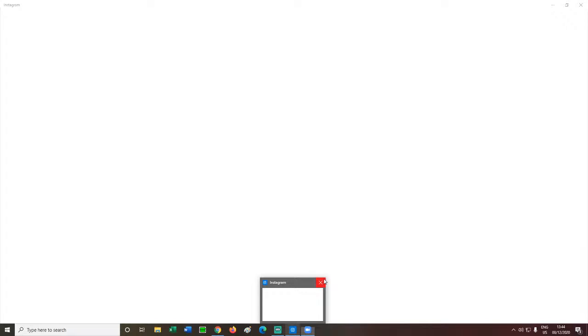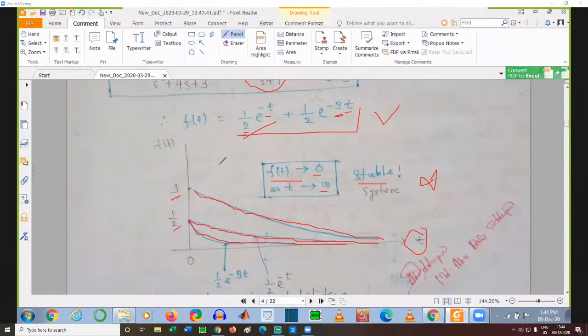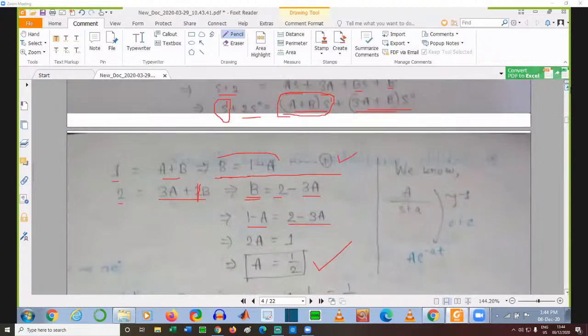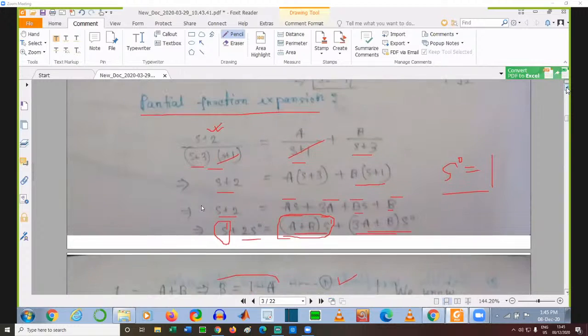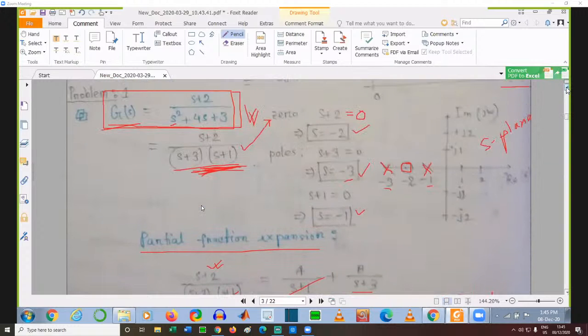Okay, so you got it right. So from this curve, you can say the system acts as a stable system. And from your pole zero plot, you already assume that in the frequency domain. In the frequency domain, it is very easy to find.